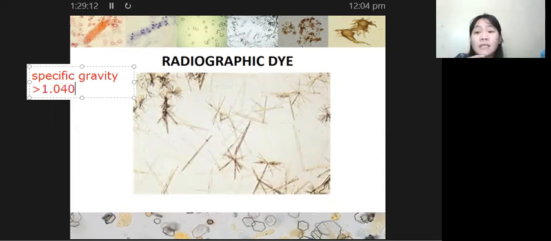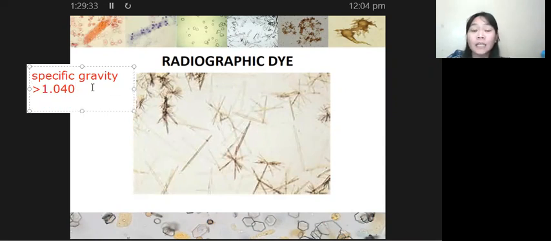In some references, ang nakalagay ay greater than 1.030 or even 35. Basta pag hindi physiologically possible yung specific gravity, masyado siyang mataas, ibig sabihin, meron pong radiographic dye sa ating urine. And this may also indicate the possible presence of radiographic dye crystals.